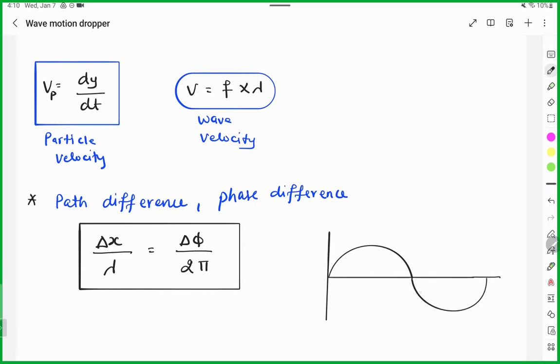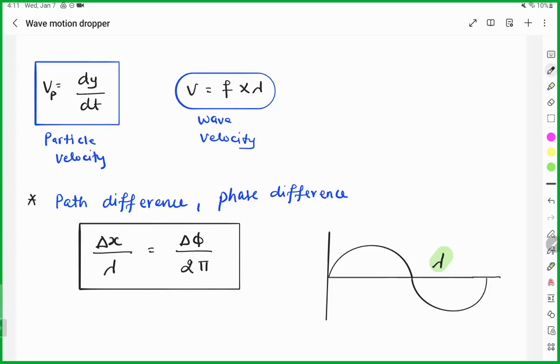What is the length of this one wave, Sarah? Lambda, wavelength. Correct, Sarah? Wavelength, length of one wave.